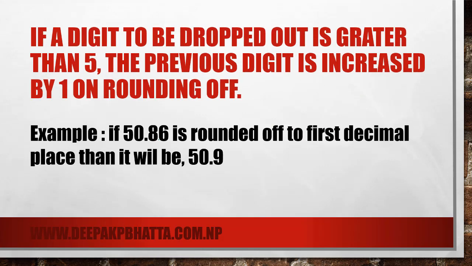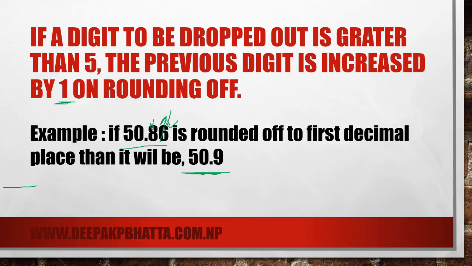Second, if the digit to be dropped out is greater than 5, then the previous digit is increased by 1 on rounding up. Here is an example. If we have 50.86, then this 6 is greater than 5. That's why, rounding off this 6, this 8 should be increased by 1. That is 50.9, the final answer.